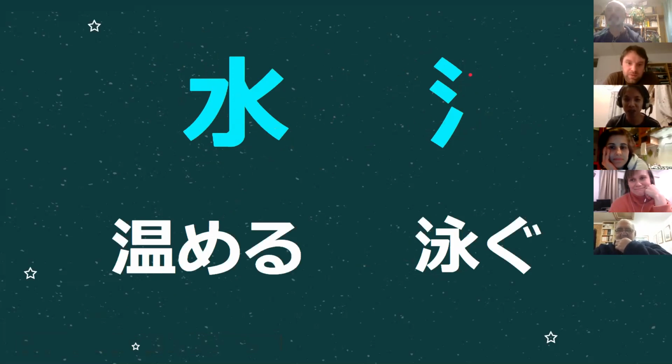So if a kanji has 3 dots, then it's a water radical, and it has something to do with water, like atatameru, to warm. And you have to think like you need water to warm your sake bottle. And oyogimasu, to swim. And obviously you need water to be able to swim.